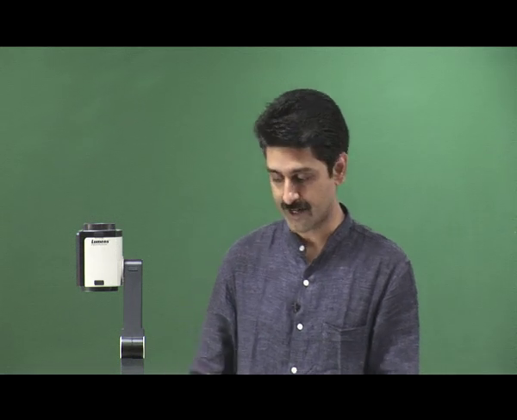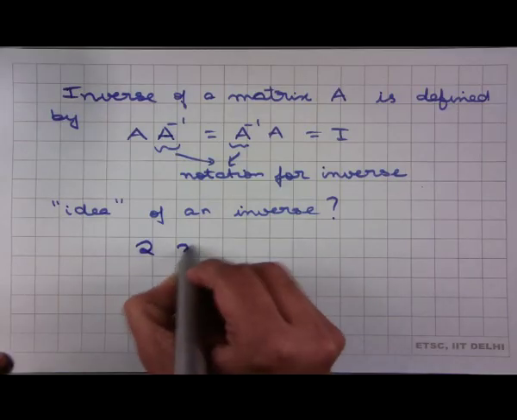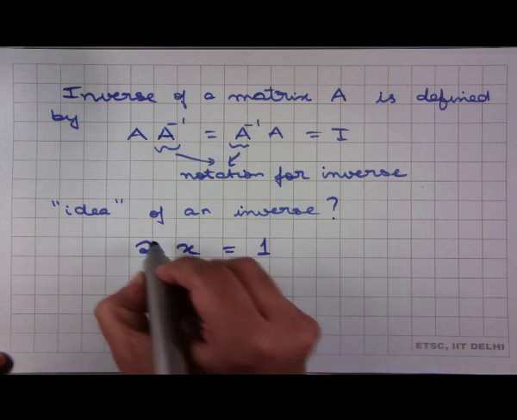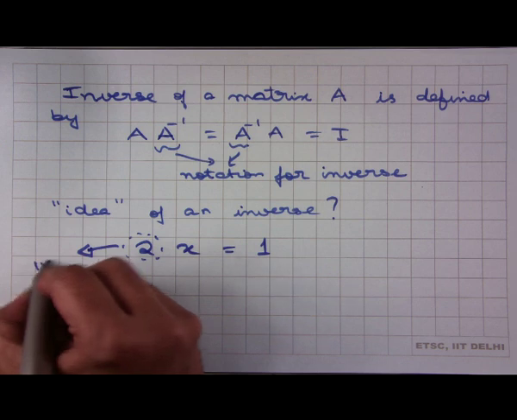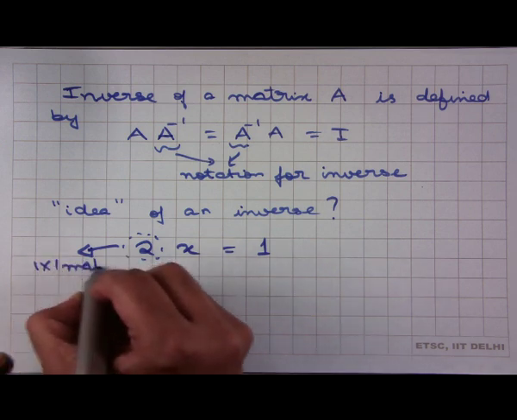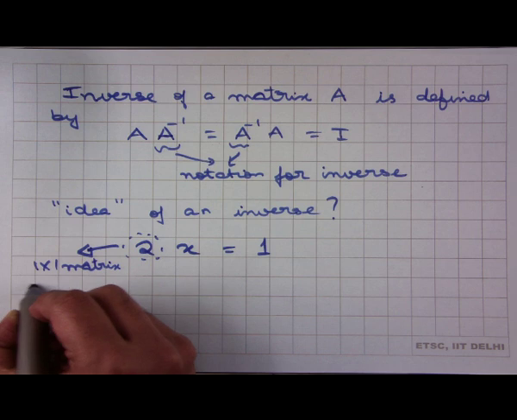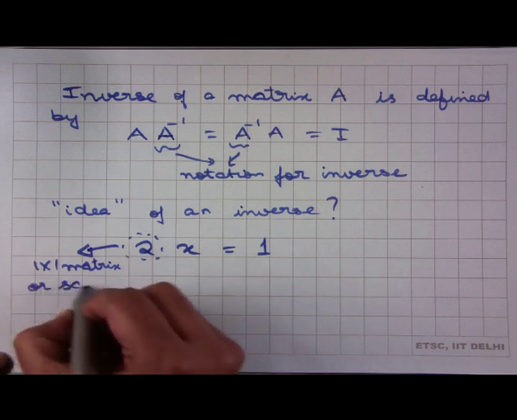For many of us it might be very straightforward: 2x equal to 1 means x equal to half. But what is the underlying idea? How is it related to matrix inverse? So, let us look at that. If you have an equation like 2 times x equal to 1, and this 2, you can think about as a 1 by 1 matrix or a scalar equivalently.